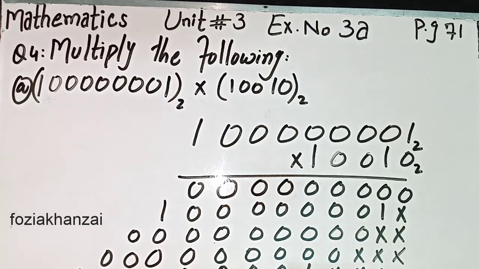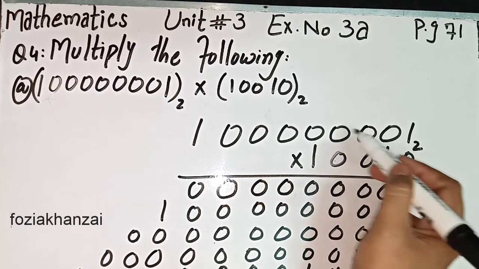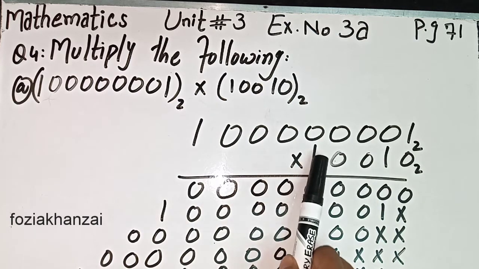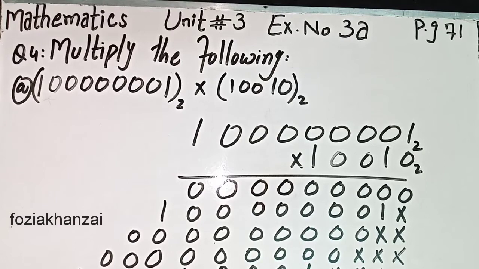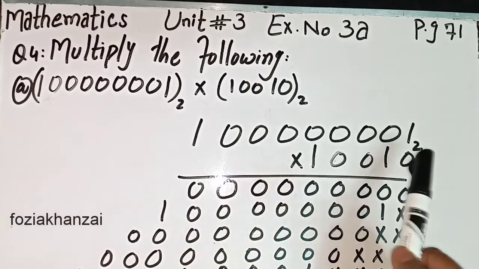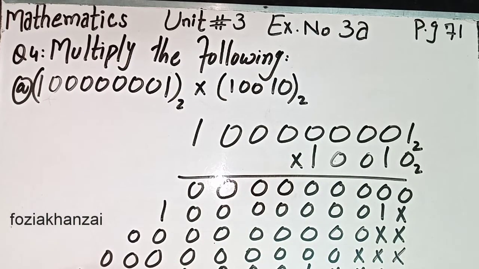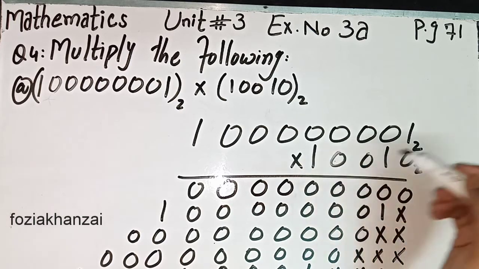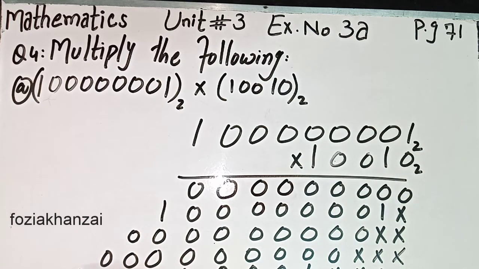After that 7 0s, then 1 1s are 1. In this part we have first step, second step, third step, fourth step, fifth step. In multiplier we have 5 digits, so we have 5 steps.